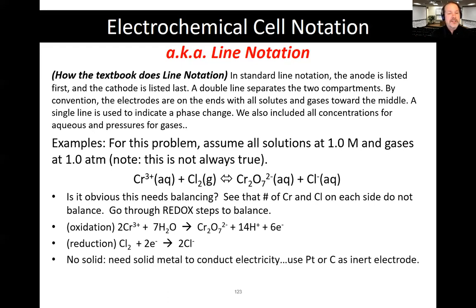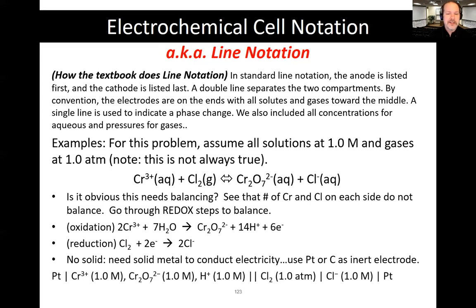Okay, notice in both of these, there's no solid involved. But in order for electricity to flow, you've got to have a solid. So we can insert one hypothetically, typically platinum or carbon. These are very inert electrodes. They don't react. So we're going to use that here in this full-on electrochemical cell notation, line notation for this electrochemical reaction.